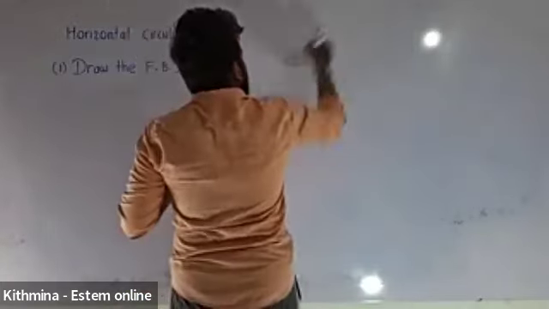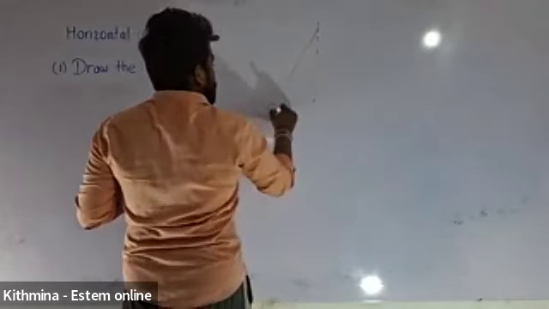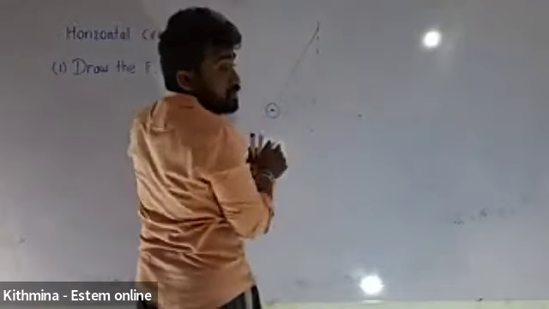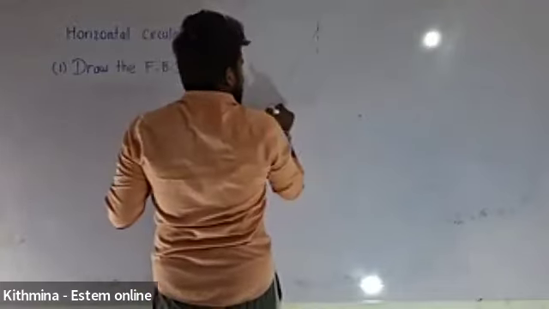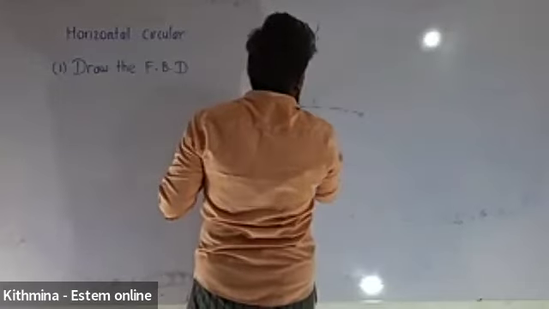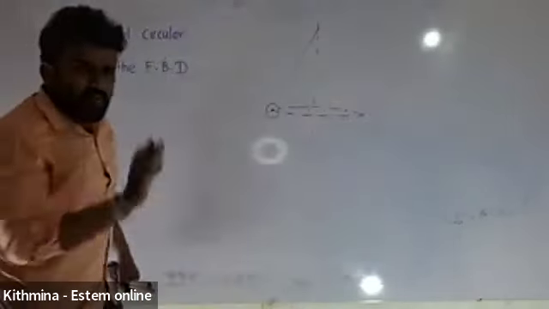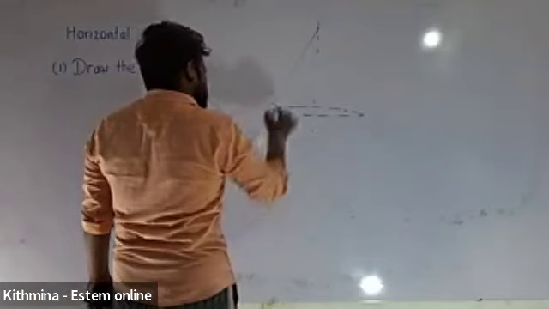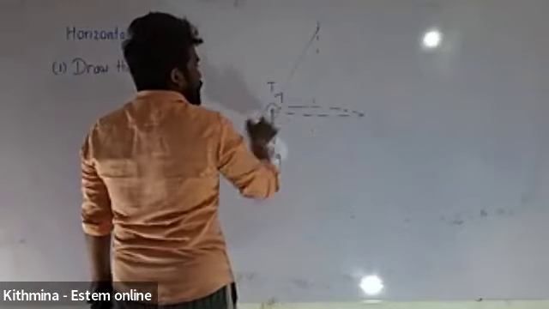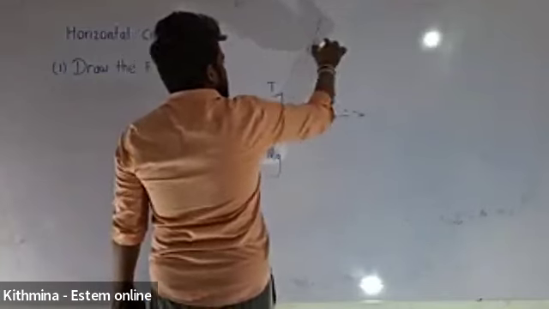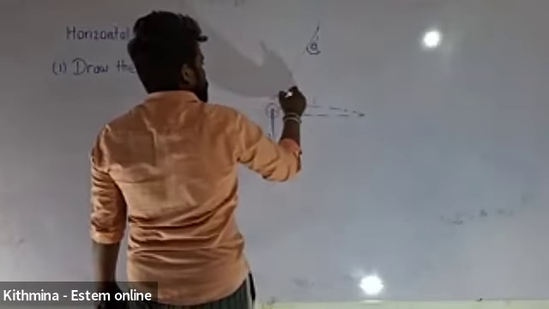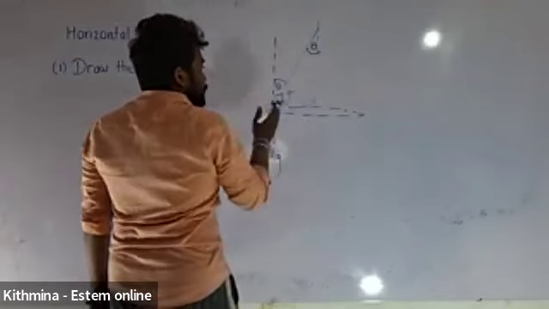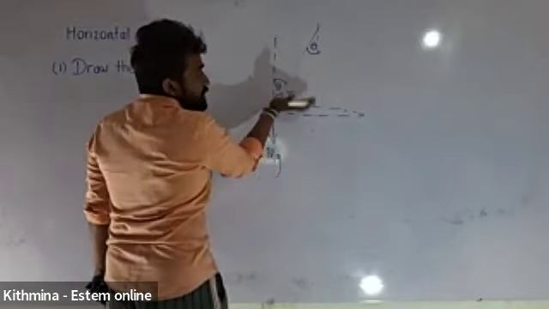For example, think of an object traveling in a horizontal circular path. When we are drawing the free body diagram, only weight and tension. If this is theta, this is tension. Then we resolve T cos theta and T sin theta.